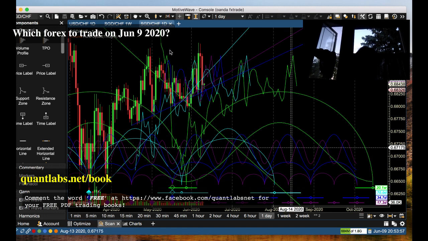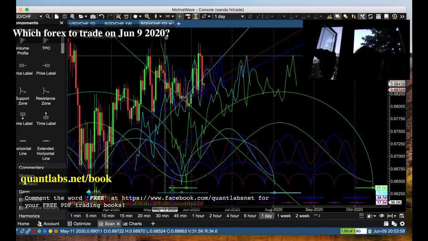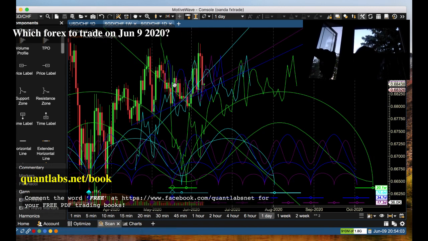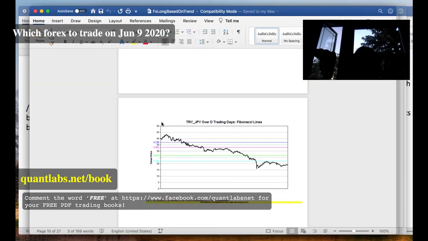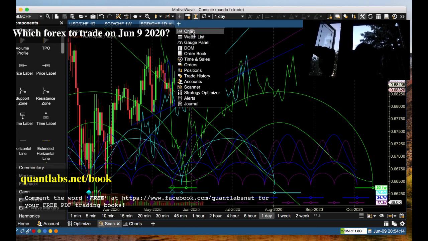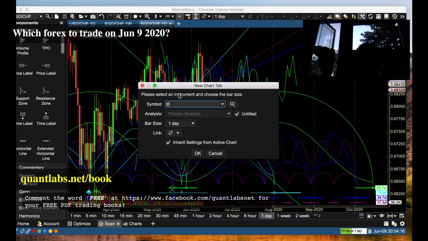I don't think this is worth pursuing. Oh, I'm sorry. You know what? SGD CHF. We wanted, well, it's not a reliable one. So let's try this Turkish lira against the yen. Don't know what happened there. Try against JPY. Okay, go.